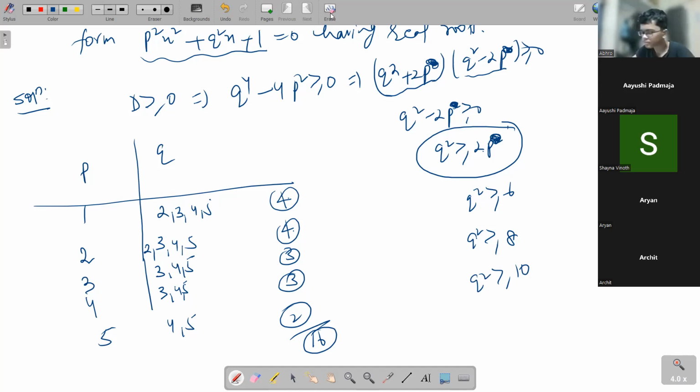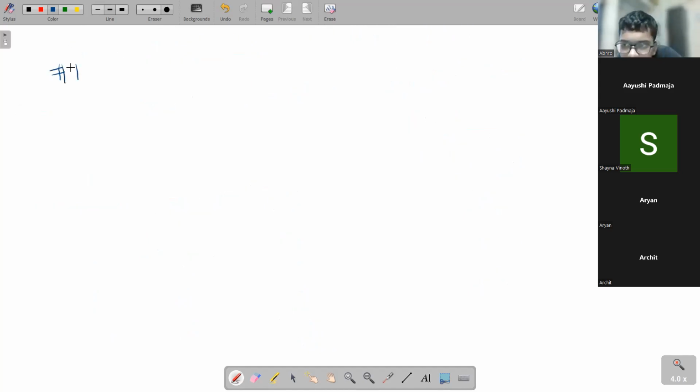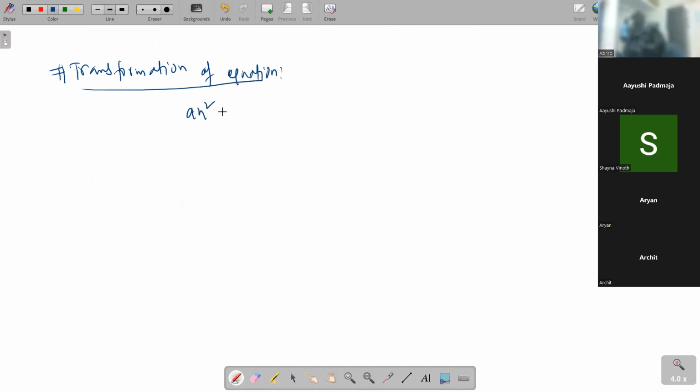Okay, now the next point is transformation of equation. Suppose you have this quadratic equation ax square plus bx plus c equal to 0, and this quadratic equation has two roots, alpha and beta.